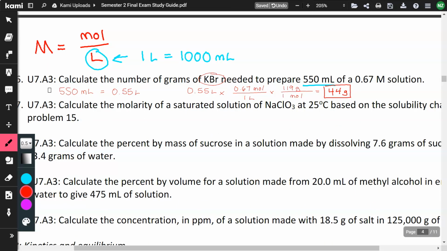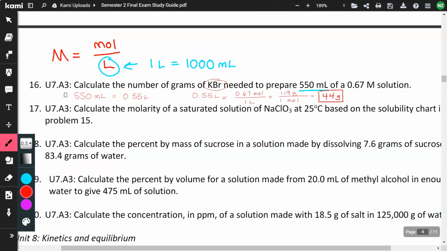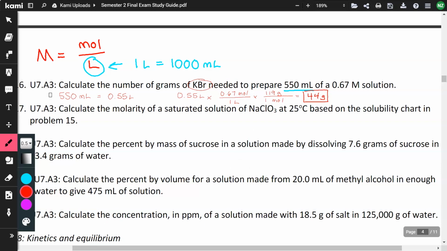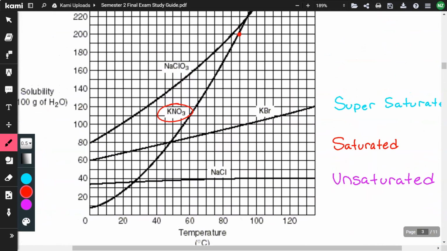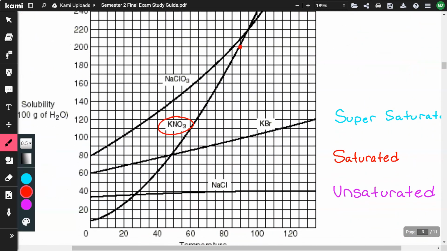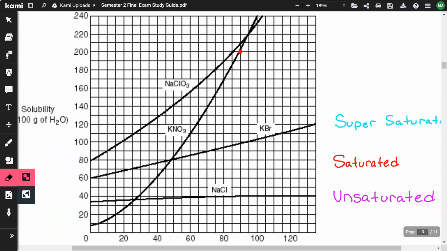All right. 13 says calculate the molarity of a saturated solution of NaClO3 at 25 degrees based on the solubility chart in problem 15. Okay, so we have this nice solubility chart right here.